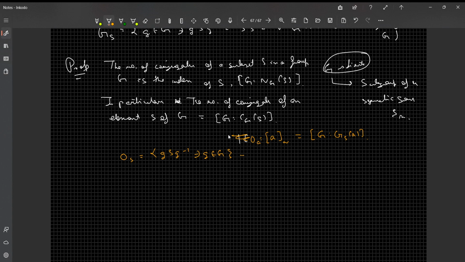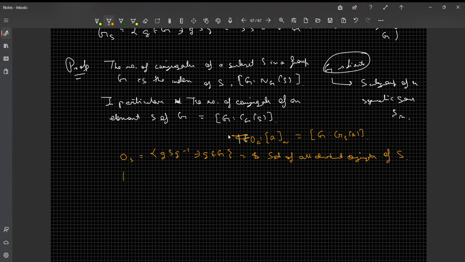And this is basically nothing but the set of all distinct conjugates of S, right? We can use the term distinct because it is a set, so there is no repetition.